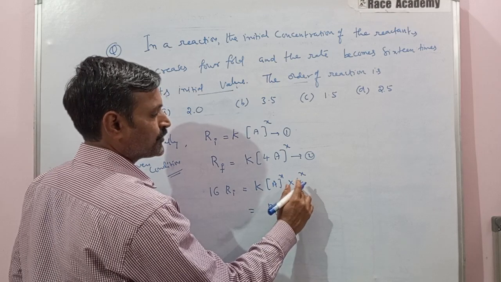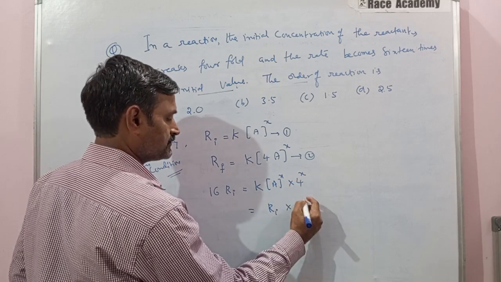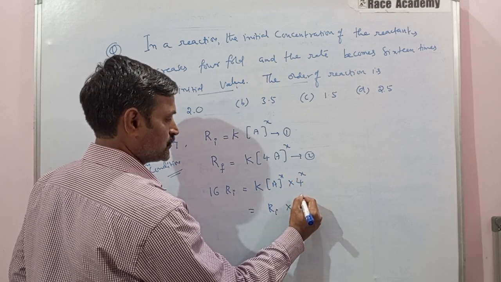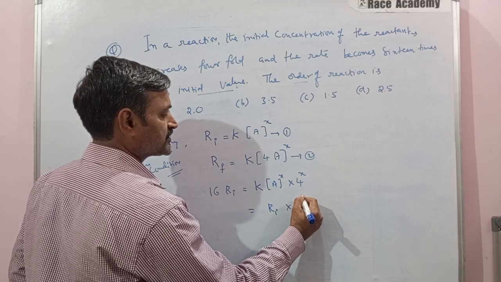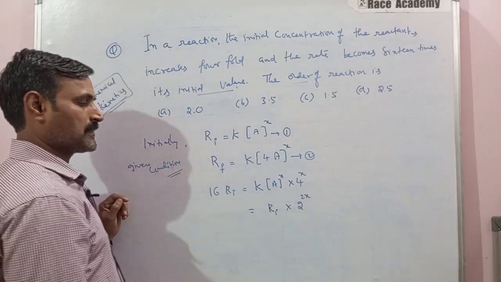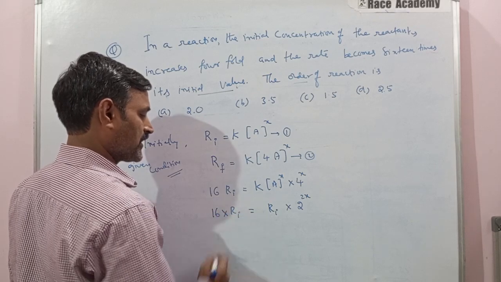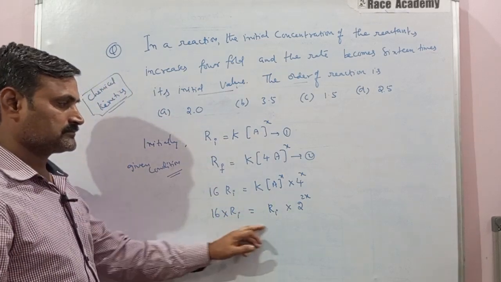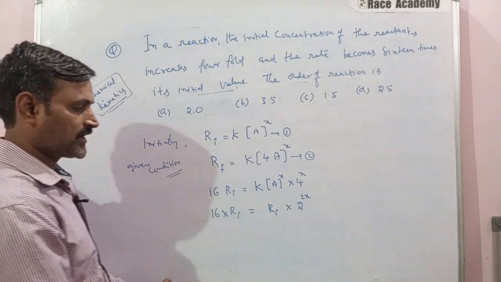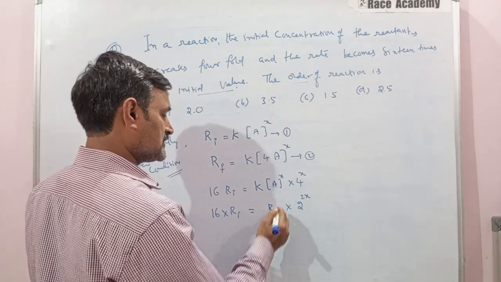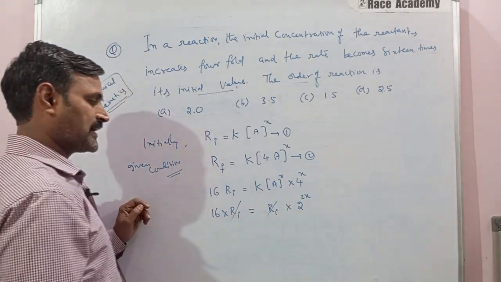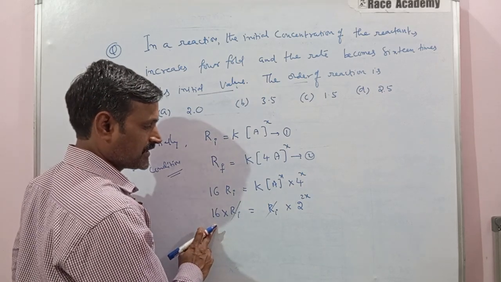You can write this 4 as 2 square, then it becomes 2 power 2X is equal to 16 into RI. Like this you can write, then RI will get cancelled and 16 remains.